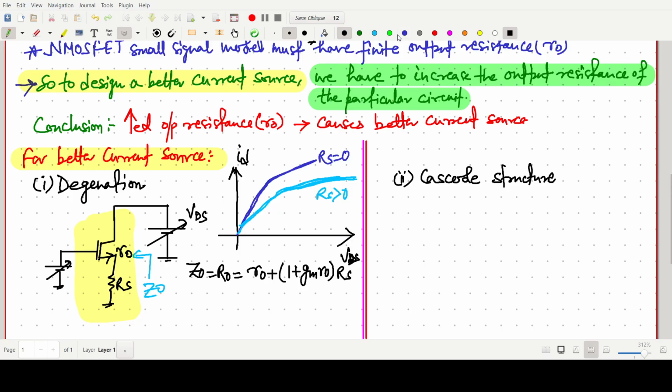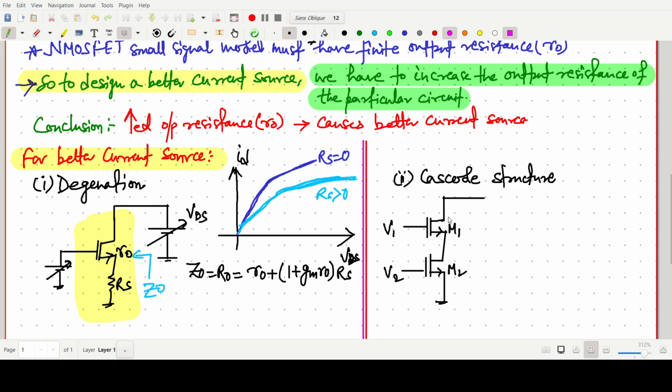In case of cascade connection, first I have to make the cascade structure. In this one there are two MOSFETs, with some bias voltages, say V1 and V2. This is the M1 transistor and M2 transistor.